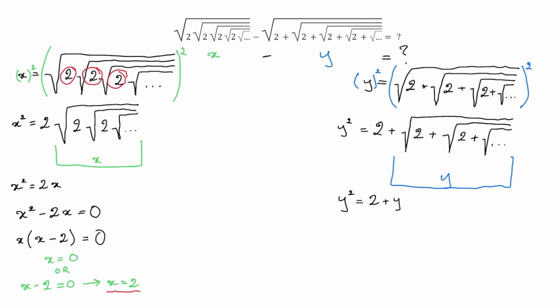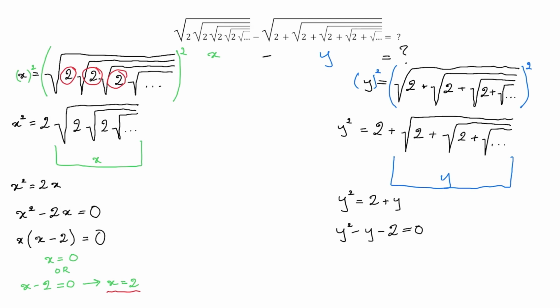And if we subtract 2 plus y from both sides, we get y squared minus y minus 2 equals 0. Here we have another quadratic, and this is conveniently very factorable. I'm assuming all of you know how to factor quadratics.